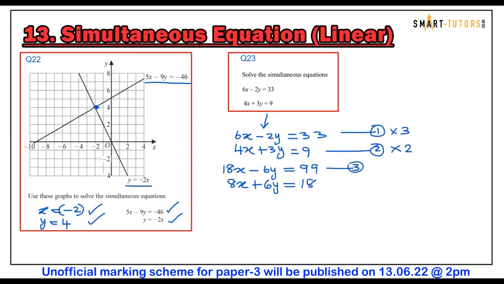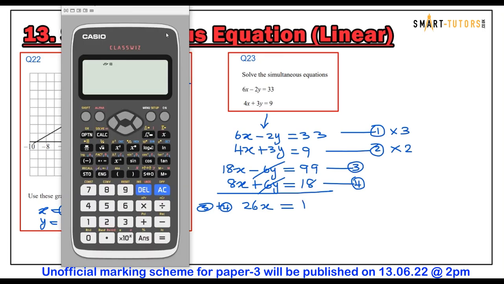So put this as number 3, put this as number 4, and add 3 plus 4. 18x plus 8x is 26x, and these two cancel out, equal to 99 plus 18. So use the calculator if you like.